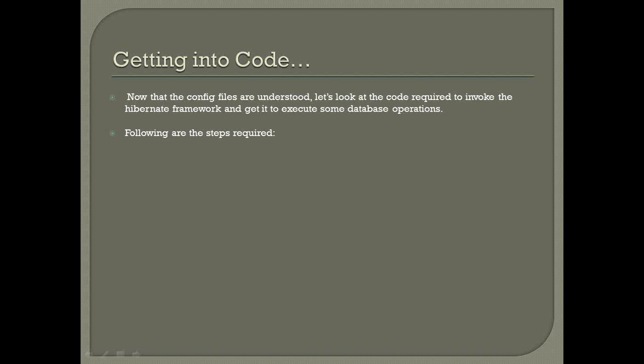Now, at a very basic level, any database operation which you would like Hibernate to perform, there are a few basic steps which you have to go through, like you would have done while writing plain JDBC code. What you would first need is a connection to the database. So that's similarly what Hibernate needs too.